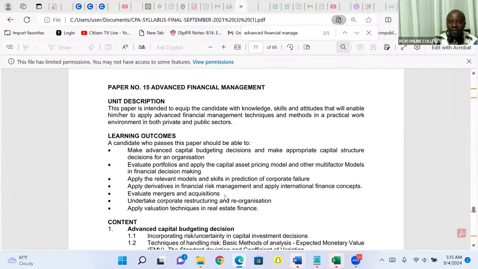So A plus B perhaps equals C. A and B disappear, and then we have a new company being created to take over the assets and liabilities of companies A and B. Then we call that a merger. So in a merger, the old companies will always lose their identities to form a brand new company called C. That's a merger.